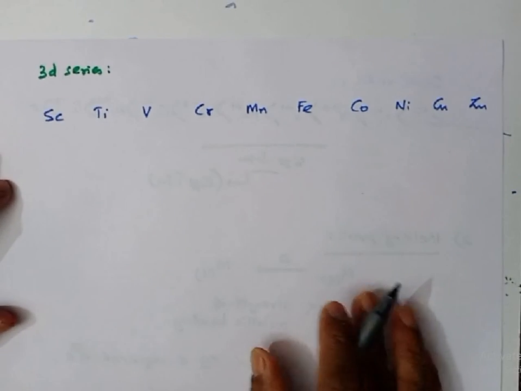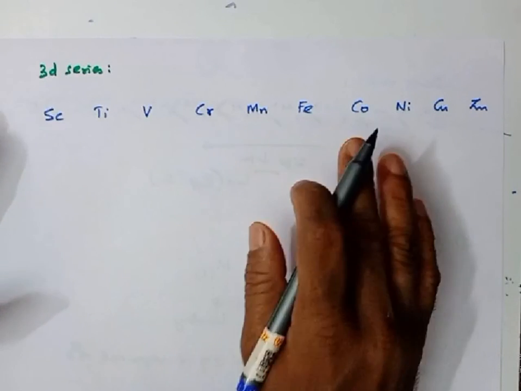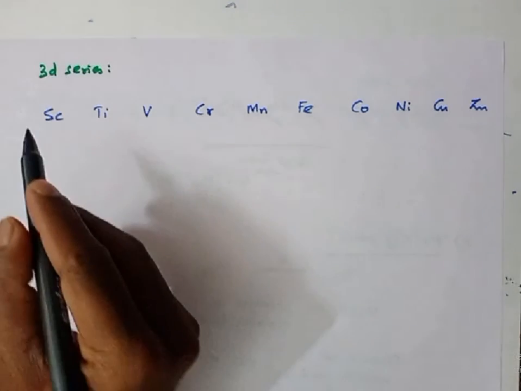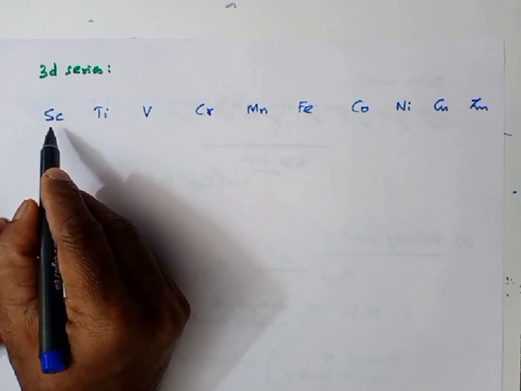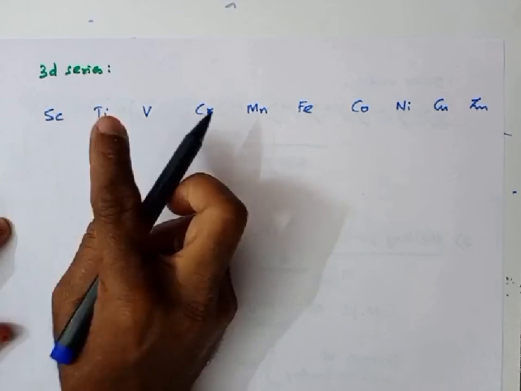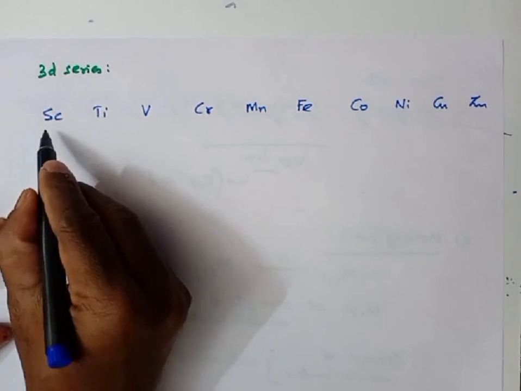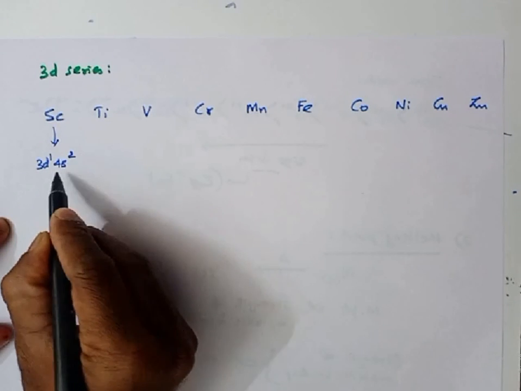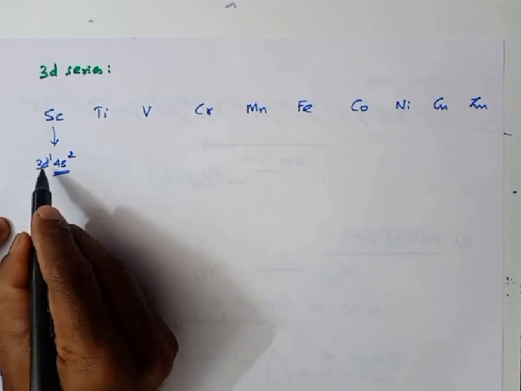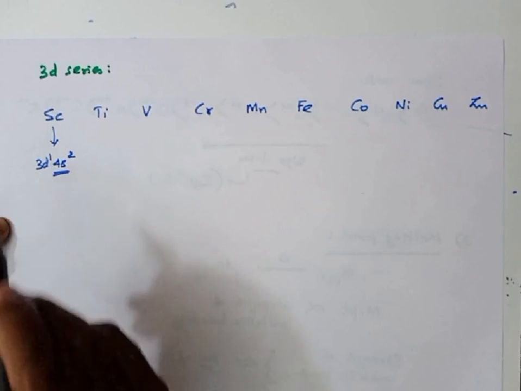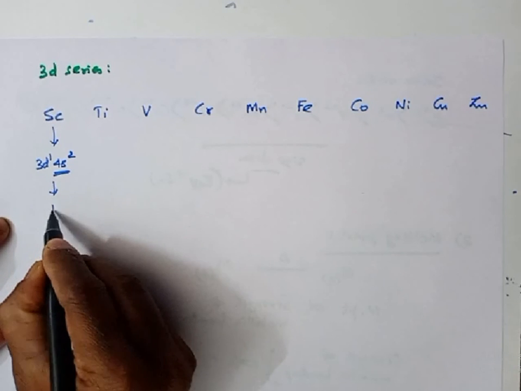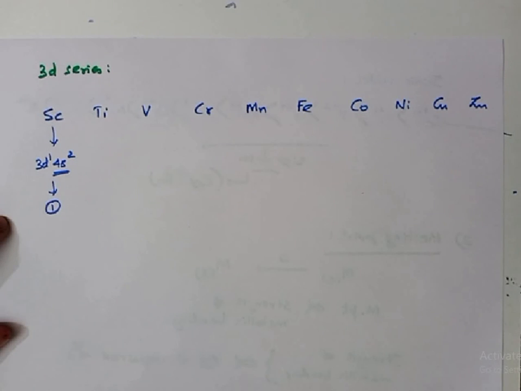These elements belong to the 3d series. Clear? Now students observe carefully. Scandium's electronic configuration, you know, is 3d1 4s2. Here we have paired electrons, so don't worry about that. But in the d subshell we have one unpaired electron. So scandium has one unpaired electron.